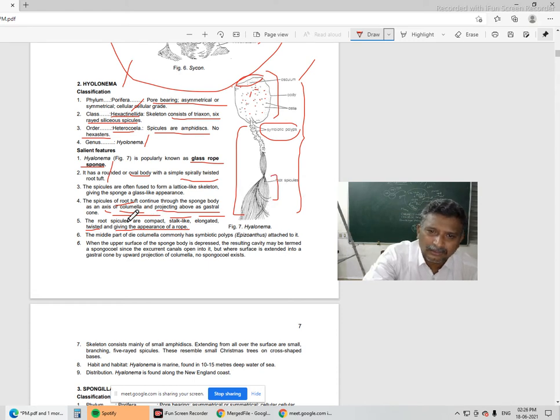So the root spicules, all these are spicules. All these spicules are compact, stalk-like, elongated ones and, very important, twisted, and finally they give an appearance of rope. Rope-like appearance is given by these root spicules, hence it is called a glass rope sponge, because this part is shiny in nature.